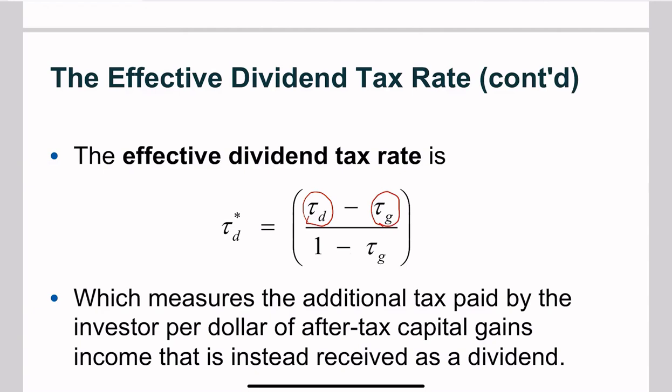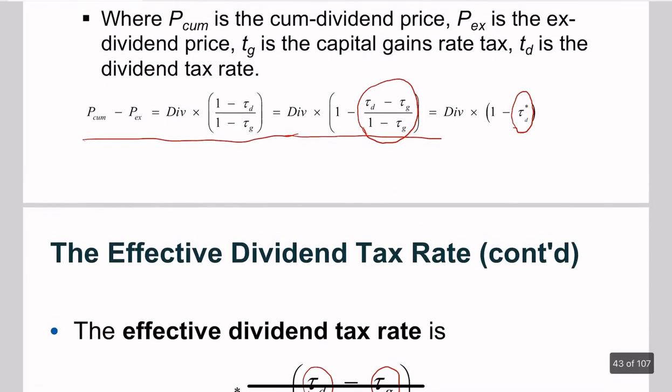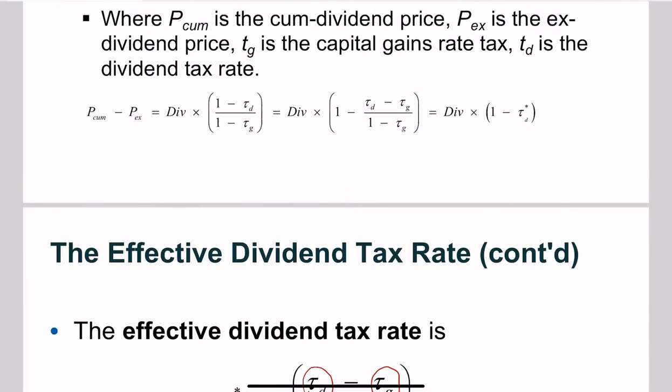And you can see that this effective dividend tax rate measures the additional tax paid by the investor per dollar of after-tax capital gains income that is instead received as a dividend. Well, this is a very long sentence and it sounds very confusing. But let's use some numbers here.